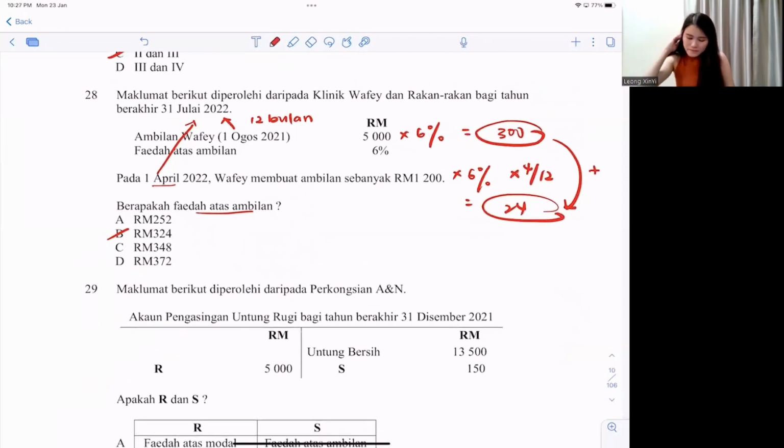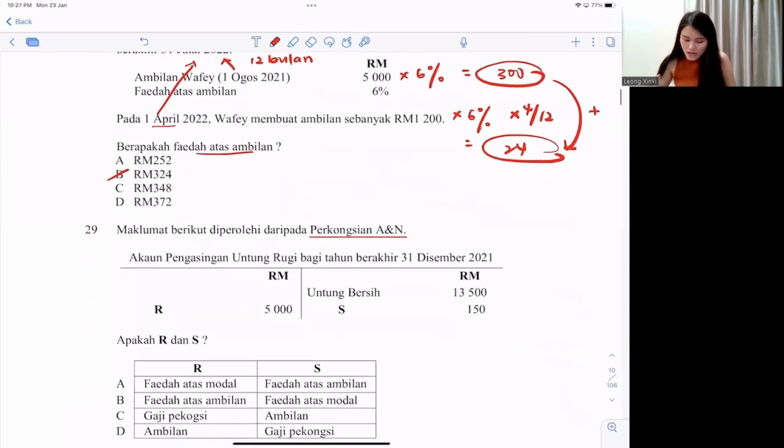Question 29, maklumat berikut diperolehi daripada perkongsian A and N. So we have account pengasingan. This is a perkongsian, definitely, okay? In pengasingan, we will put all the B on the debit side, H on the credit side. There's no difference, it's the same as you do account perdagangan, you also put belanja on the debit, hasil on the credit.